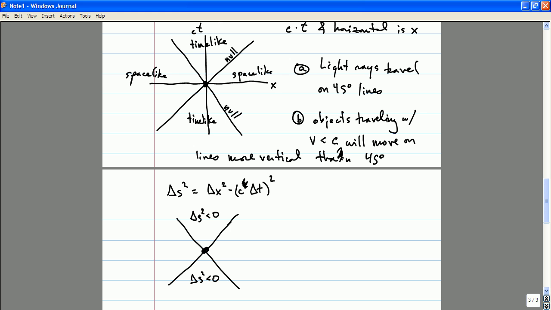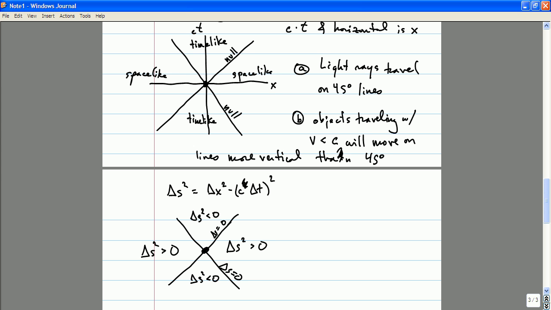And points with delta s squared positive live in one of the quadrants, either on the left or the right. And points with delta s equal to 0 live at the boundaries between these two regions. Good question. Any other questions?